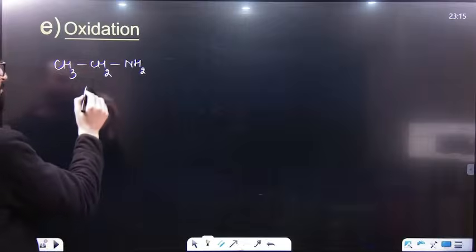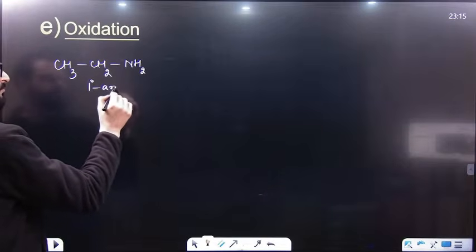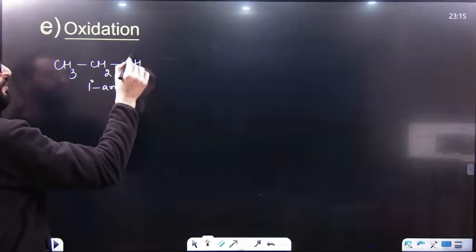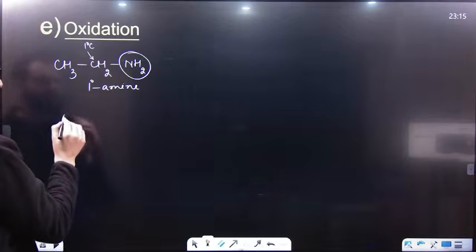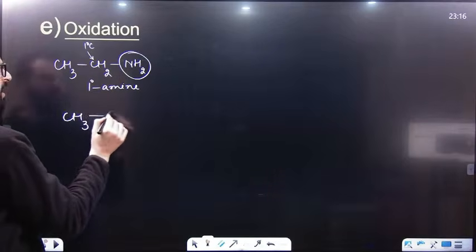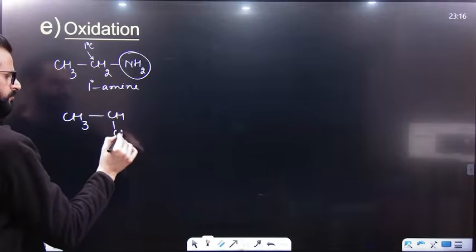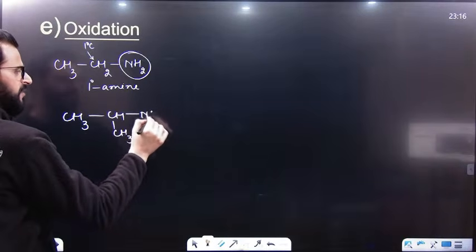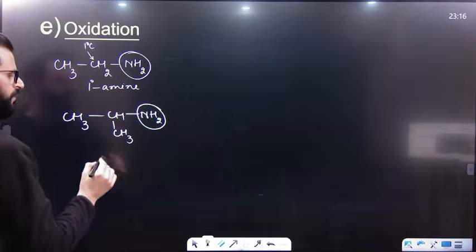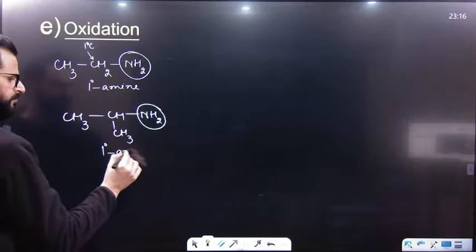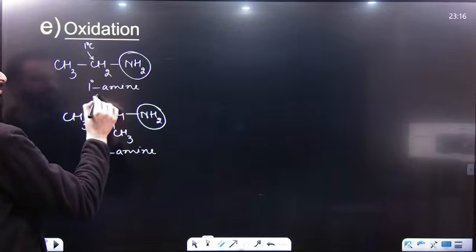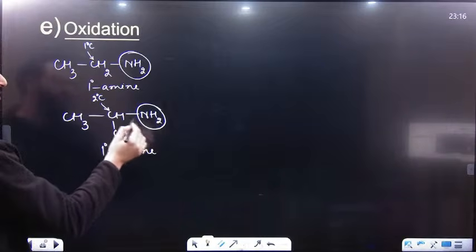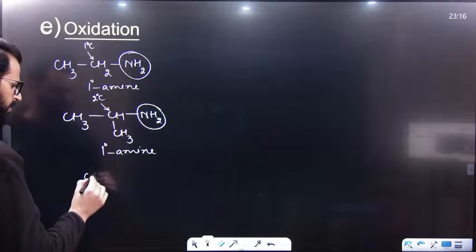This is a primary amine in which the functional group is attached to a primary carbon. But once again, if I write it like this, what is the functional group? NH2. Whenever NH2 is the functional group, it is a primary amine. But the difference is, here NH2 is attached to a secondary carbon.